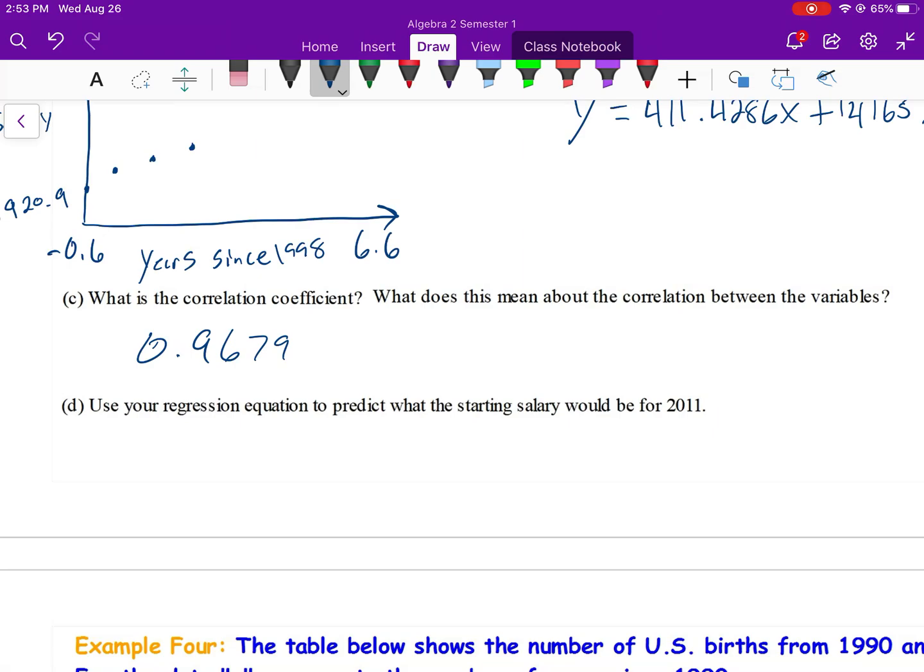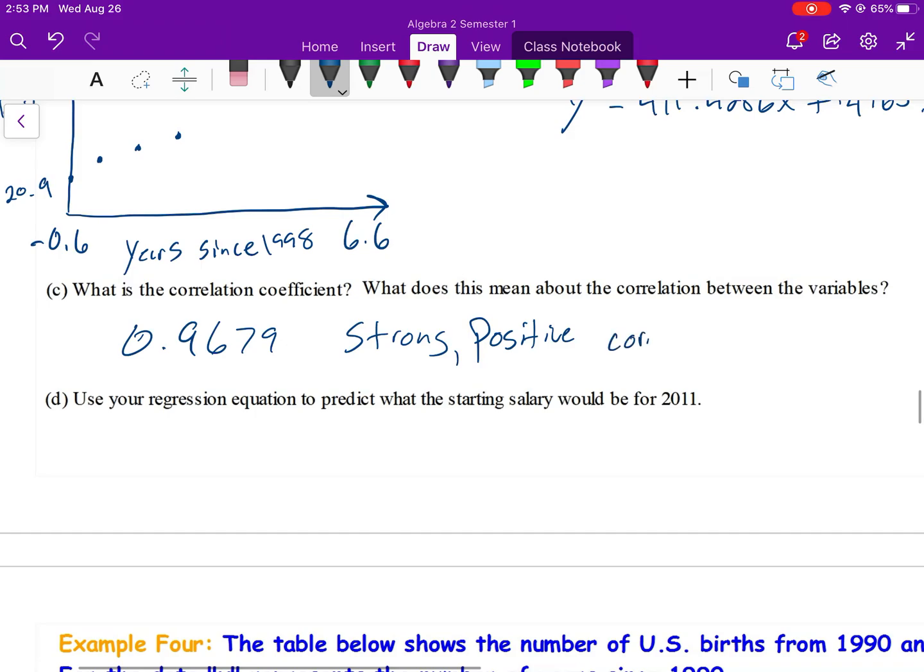Now that one's above 0.9, so that's going to be a strong. And as x was increasing, y was also increasing, so it's positive. So we got a strong positive correlation. Also, whatever that R value is, the correlation coefficient, if it's a positive value, it's going to be positive. If it's negative, then you have a negative correlation.